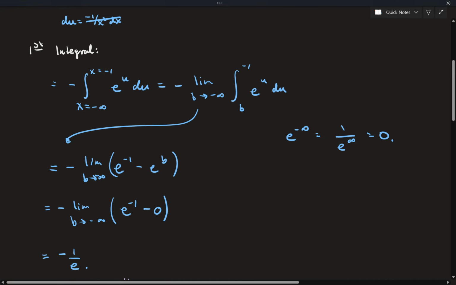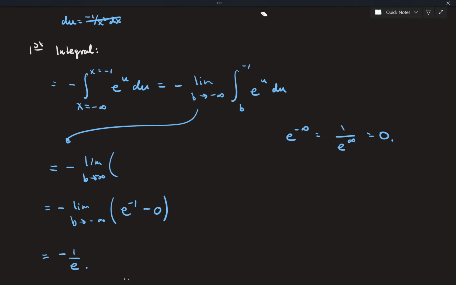I did e to the u. I've got to do e to the u, but I have to sub back in x. Keeping this in the video so you can learn from me. I'm going a little too quick. E to the u, and x is b, and x is minus 1. Then I got to plug back in 1 over x.